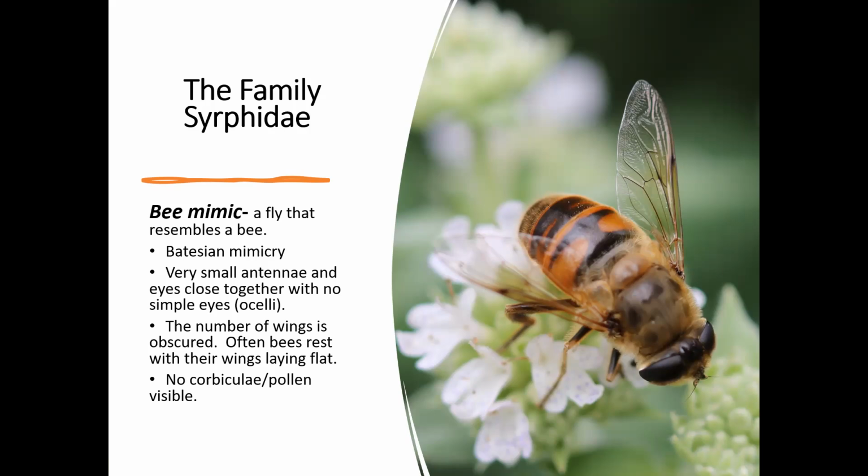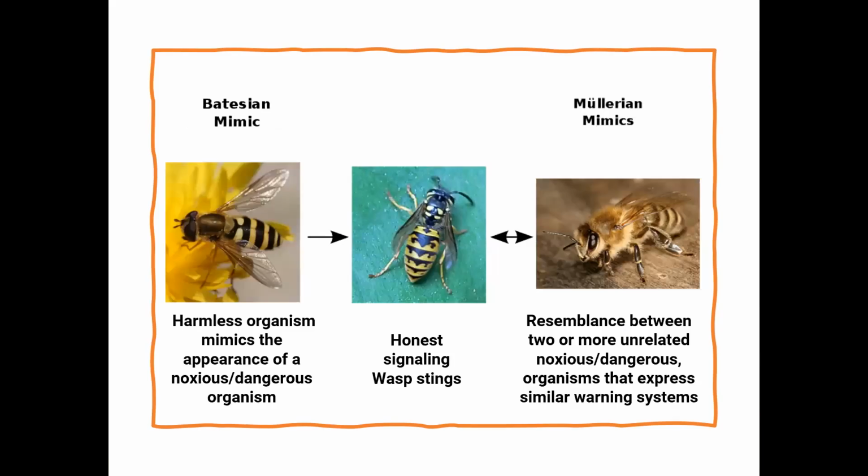There's several types. This little guy has very small antennae, and the eyes are close together. But as I mentioned before, bees have two sets of wings, whereas flies only have the one. And they don't have that corbicula that the bee has because it's a fly.